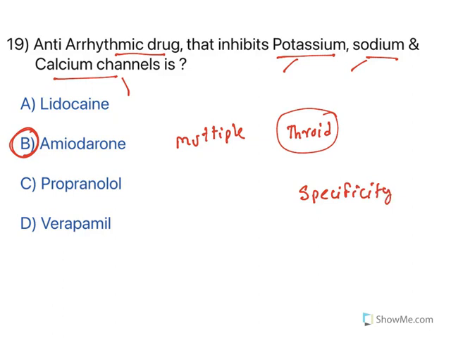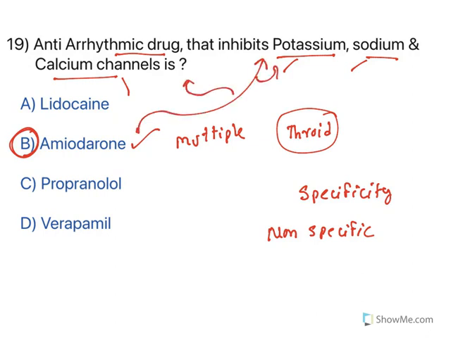If a drug is very specific to one channel, the adverse effects are restricted or controlled. If it is non-specific, the adverse effects will be very wide. Why? Because it will be acting on multiple receptors and can cause multiple adverse effects. Now in this case, Amiodarone is the drug of choice, which inhibits potassium, sodium as well as calcium channels.